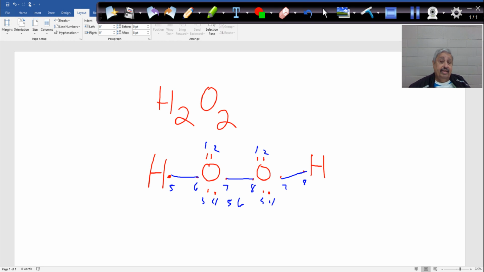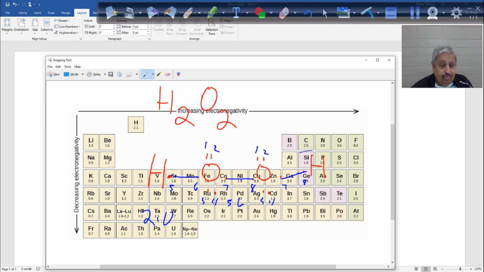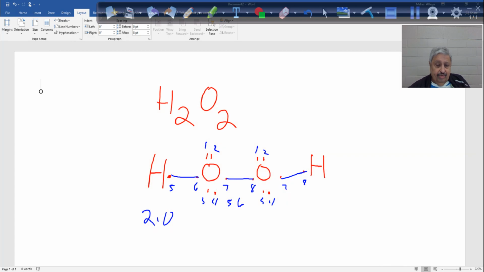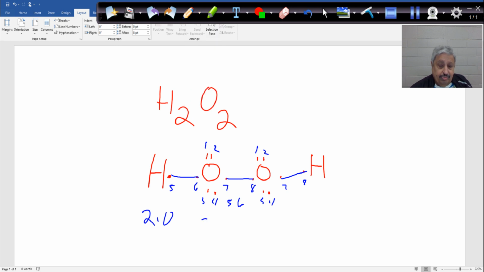Okay, guys, so now what can you expect about this, what we have talked about a couple minutes ago? Those are very electronegative atoms. Oxygen is 3.5, and hydrogen is 2.1.